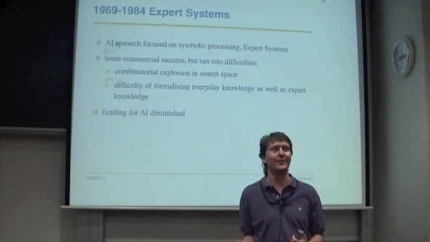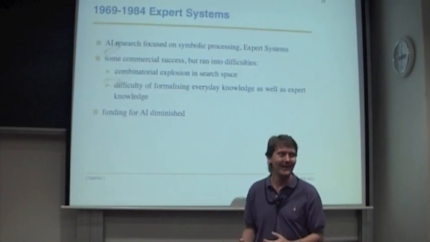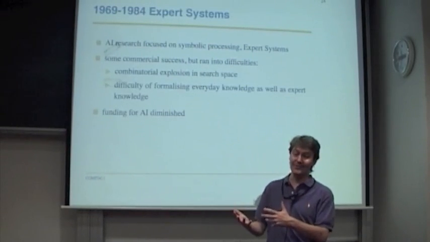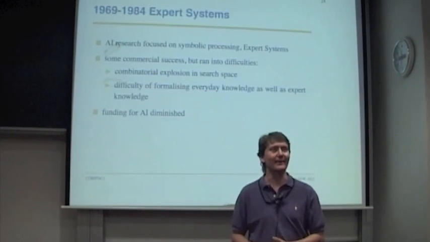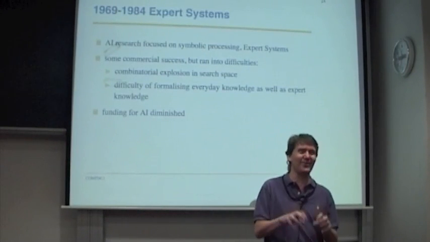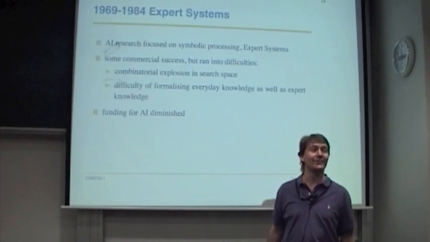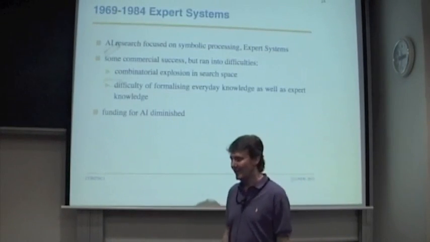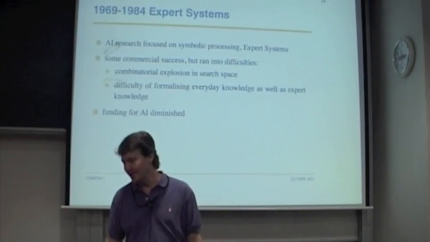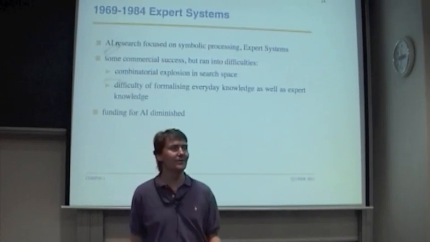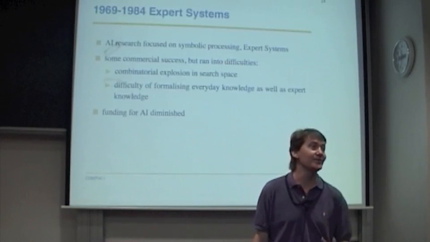So if it's medical diagnosis, you invite a doctor in and you interview that person and ask them how they make a diagnosis, and then you try to code into your program the way they arrive at their decisions. But it turns out there's a lot of everyday knowledge that eventually catches up with you.